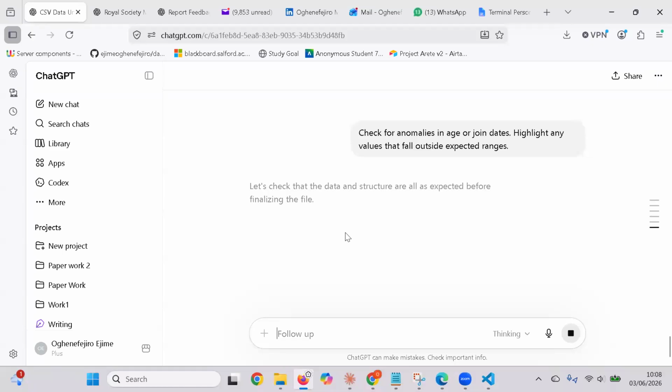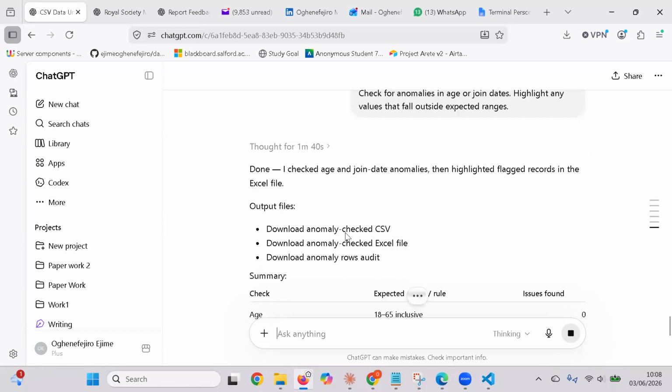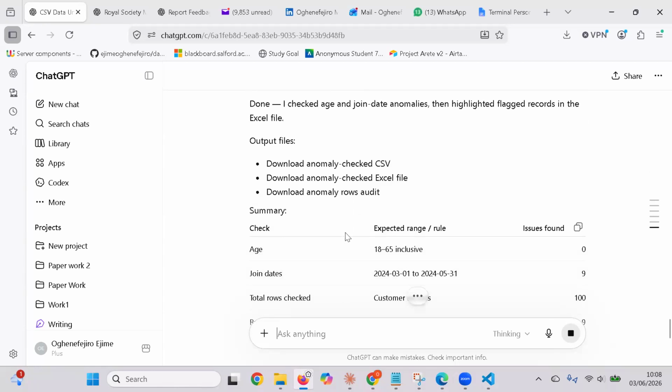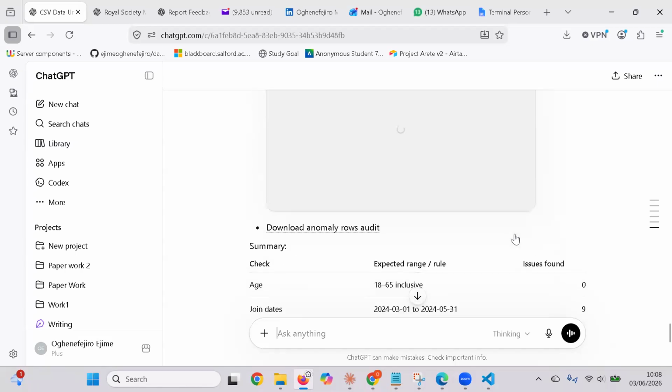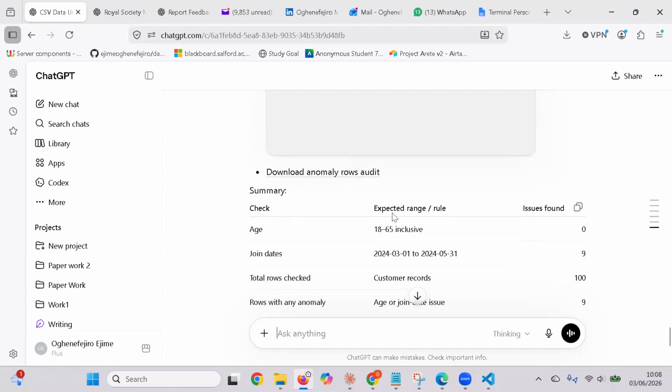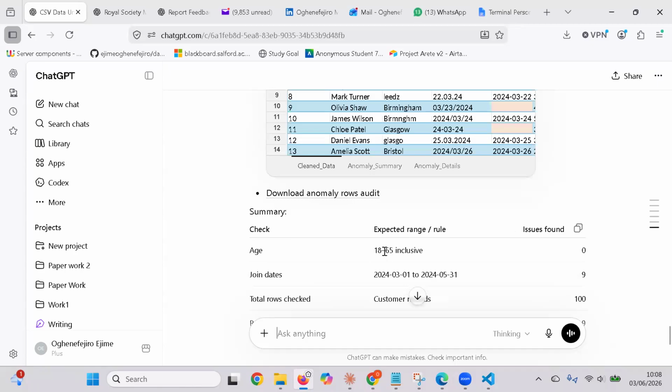Think this is the last part. It is checking it very well. Good, done. Okay. So the age is between, let's look at the summary. The age is between what? 18 to 65. Issues found: 0.